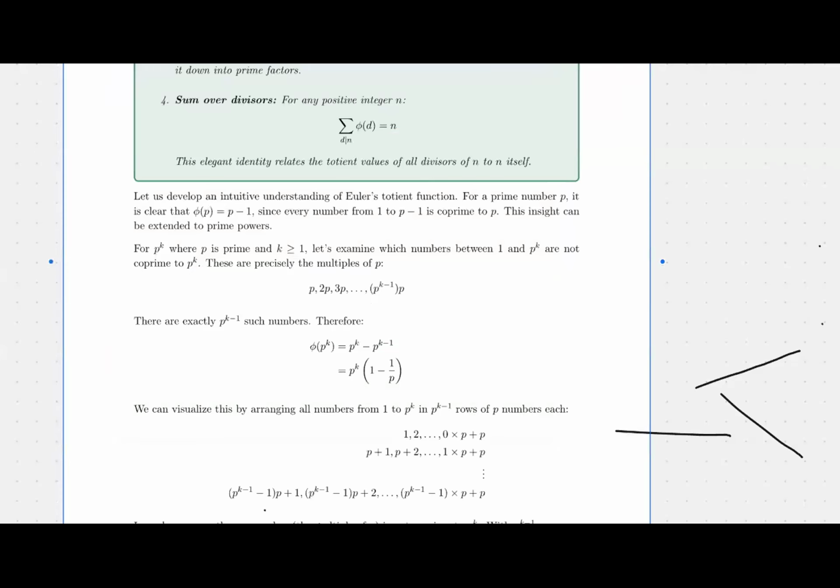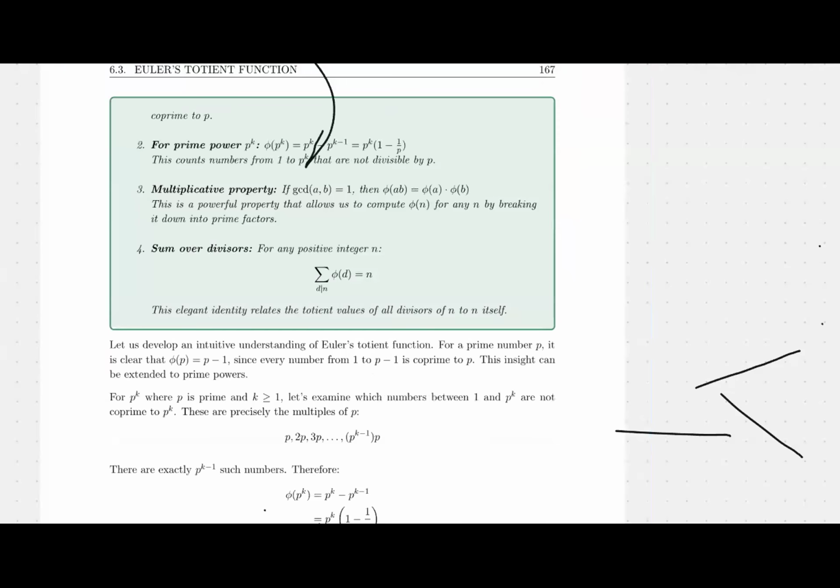Now, two things are very crucial, important properties. Given a prime p, we know that phi of p is p minus 1. It's simple, right?